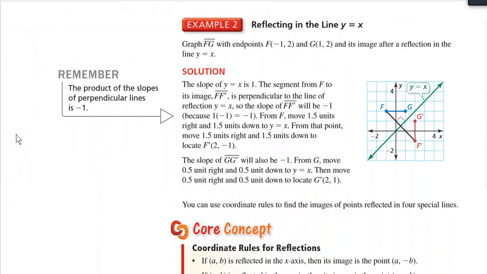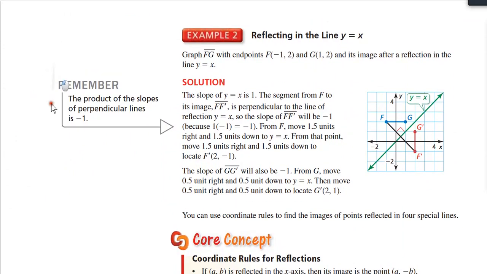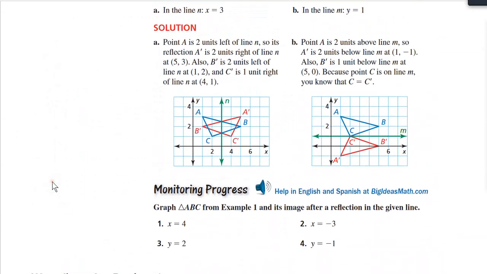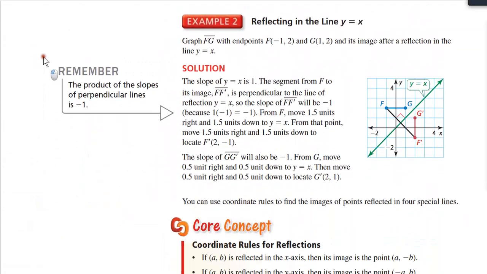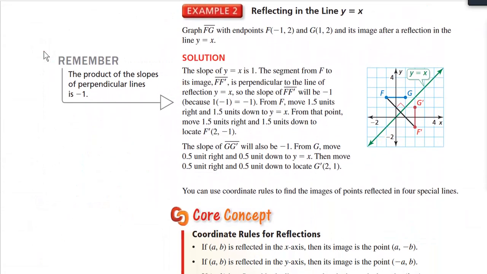Sometimes we can reflect across a line that's not vertical or horizontal. Before, we were reflecting across lines that were vertical or horizontal. Now check out reflecting across lines that are not. This is where the fun starts.